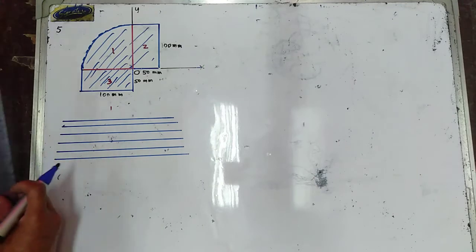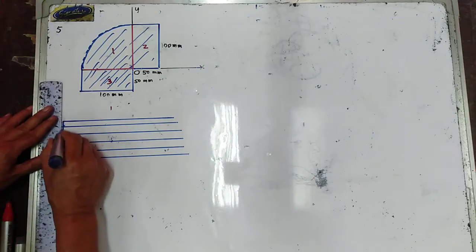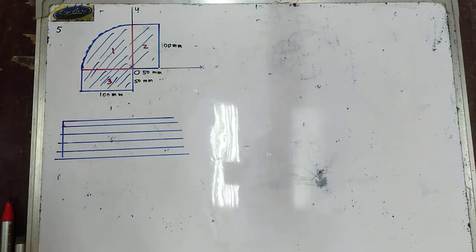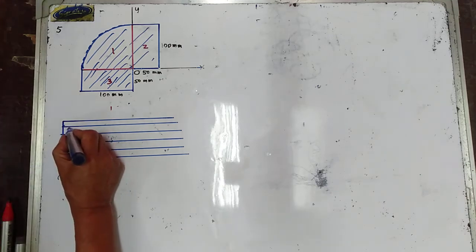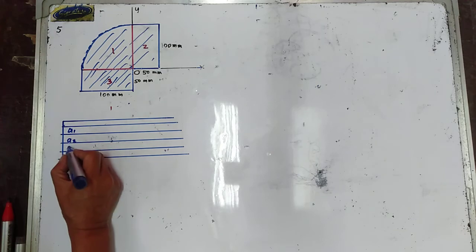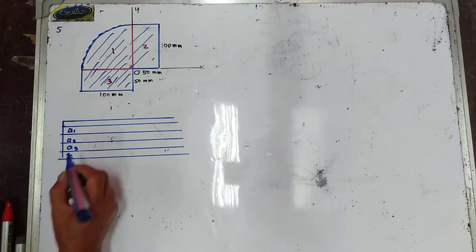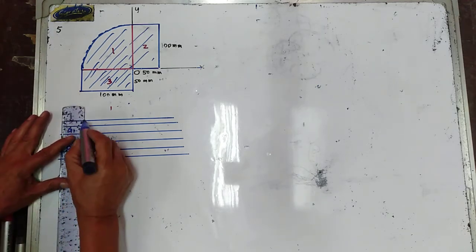So this is now your area 1, area 2, area 3, and that is your summation.